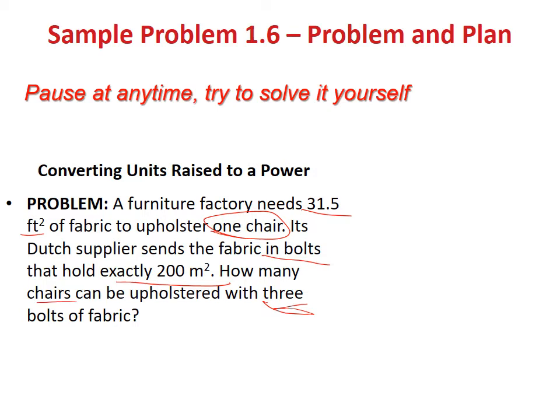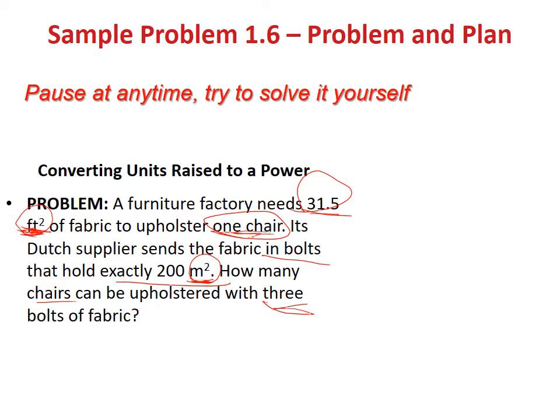Okay, so if we look at the units, one is square meter, which is for the area, and one is square feet. Therefore we need to convert meter squared to feet squared. And then from feet squared we can calculate how many chairs, using this as a conversion factor, because one chair needs 31.5 square feet. So if we know the square feet, then we can calculate how many chairs.